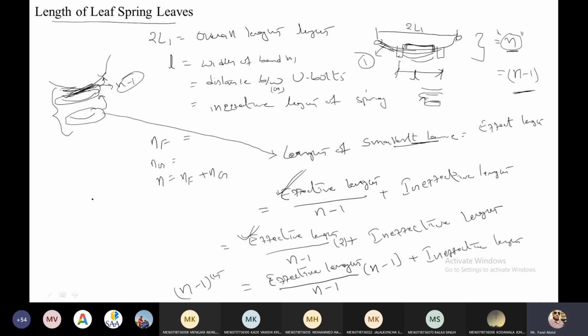So the length of the master leaf is, I am writing the equation here, 2 into L1 plus pi into d plus t into 2. Here 2L1 is from this eye center to this eye center, and the master leaf has two eyes.